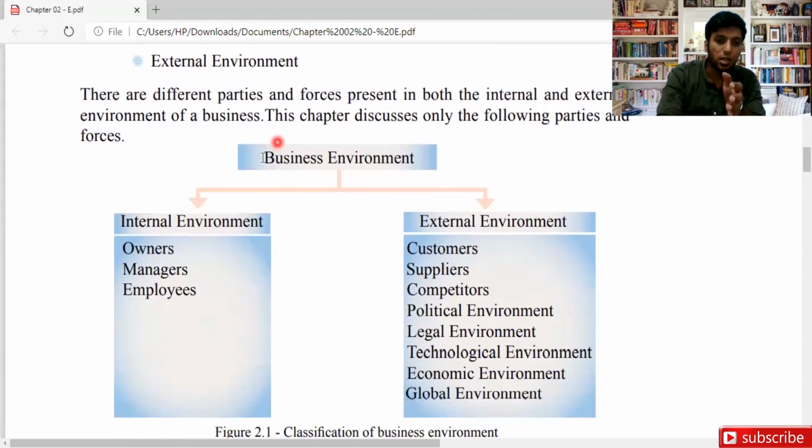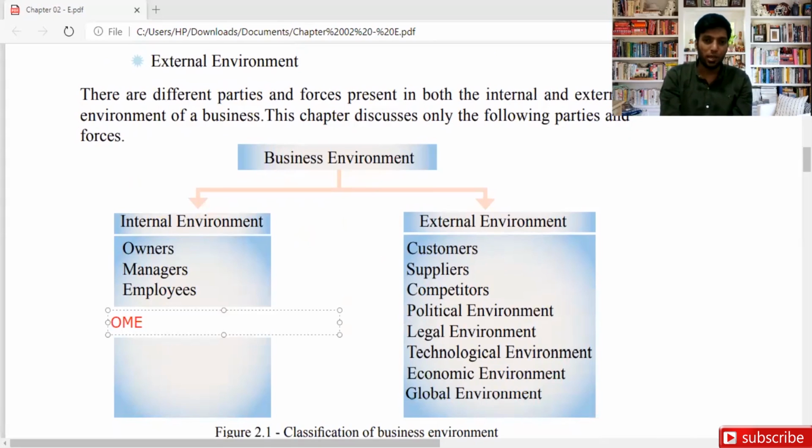So business environment has few things. We can say owners, managers, employees. So you can remember internal environment as OME, whatever you guys can say. Remember this as the easiest term to remember. I taught you in the last lesson also, creating mnemonics will score you better marks on exam. So try to create mnemonics. Mnemonics are short terms to remember certain terms.